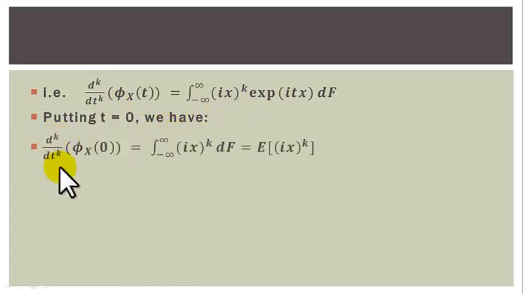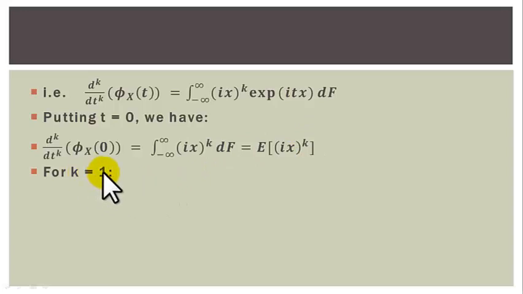The kth derivative with respect to t of our characteristic function at t equals 0 will be equal to the integral from minus infinity to infinity of (ix)^k dF, since when you put t equals to 0 here, e^0 will be 1. But this integral is equal to the expectation of (iX)^k.